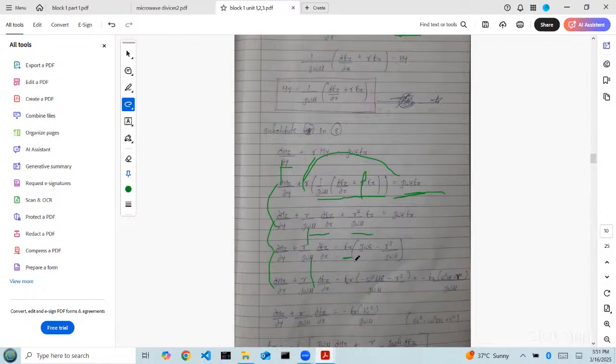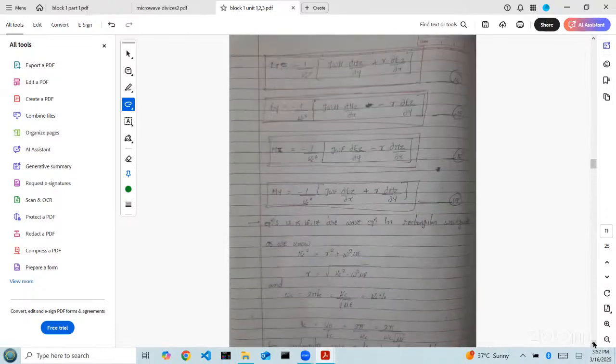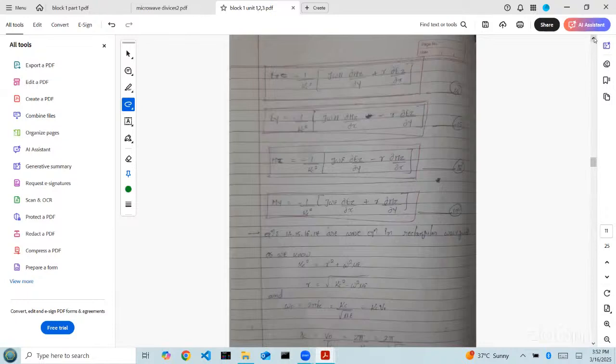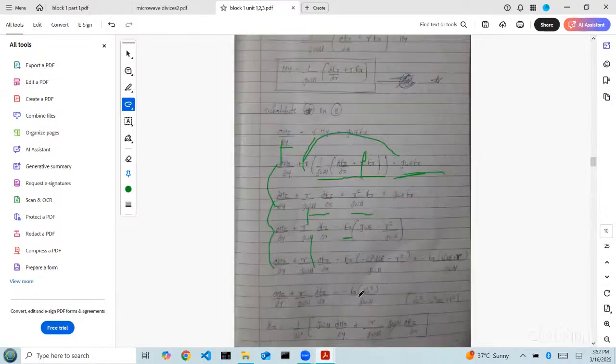LCM is taken, and Ex is common as before. An LCM was taken to form one term, and minus was made common. Inside we have gamma square plus omega square mu epsilon. That term is treated as one constant. What is that constant? That constant is called Kc square. Now I am keeping Ex, and the remaining terms are shifted to the other side. Final equation we got.